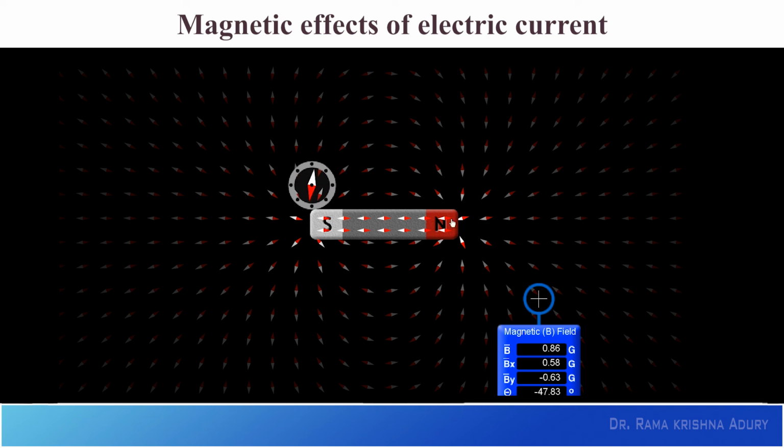Okay, so from the north the magnetic line of force starts and moves towards the south, but within the magnet it is exactly the opposite. So if you can understand, you know what is happening inside a magnet. Thank you very much, and this is useful for magnetic effects of electric current.